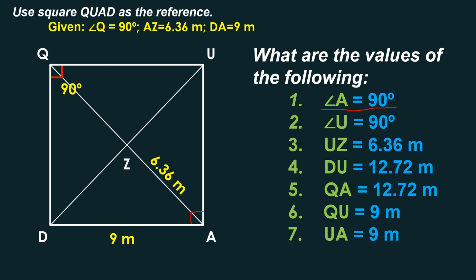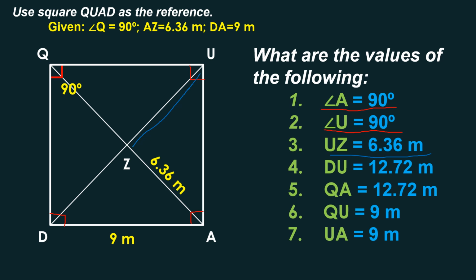So we can say that angle A, angle D, and angle U also have 90 degrees. So that's why angle U here is also 90 degrees. Next, UZ. UZ is 6.36 meters. So UZ here is the half of diagonal DU.